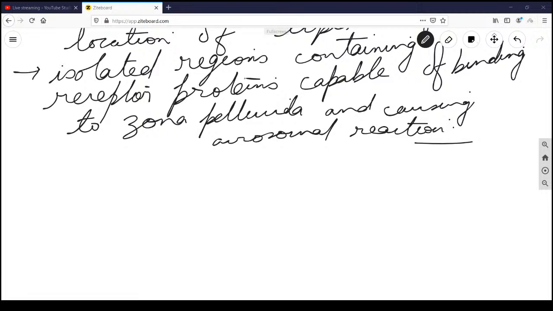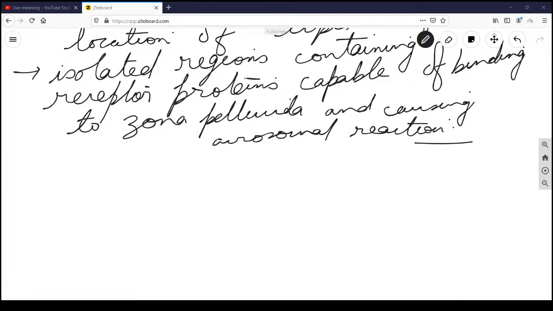So what happens is these lipid rafts are originally located throughout the sperm plasma membrane, but after the cholesterol efflux, what will happen?